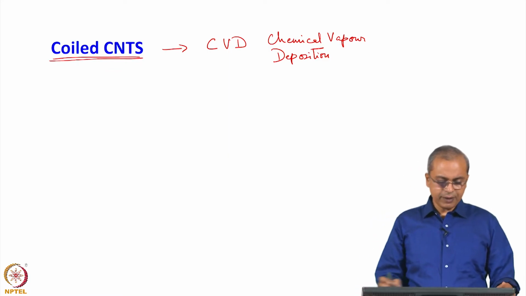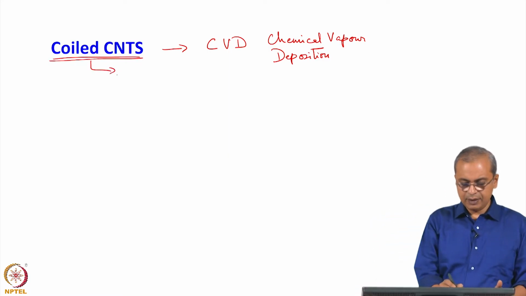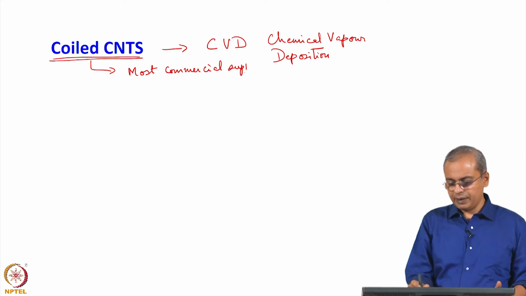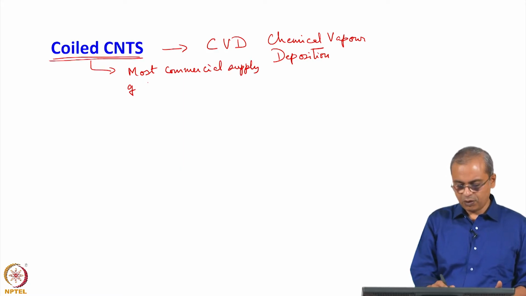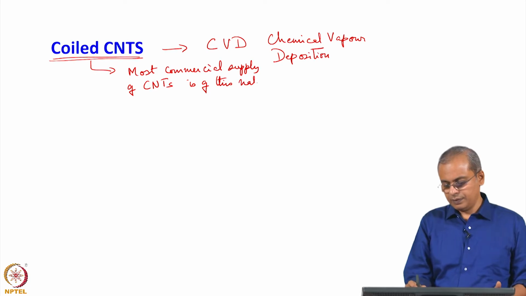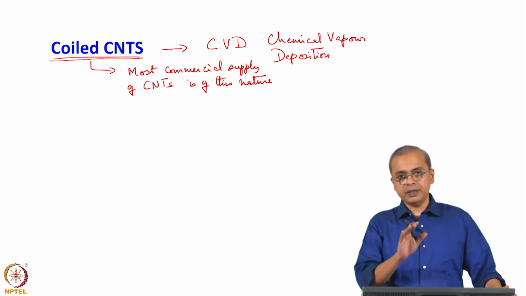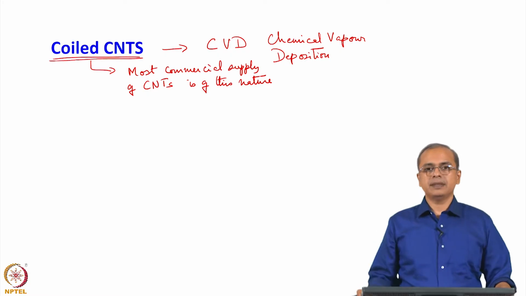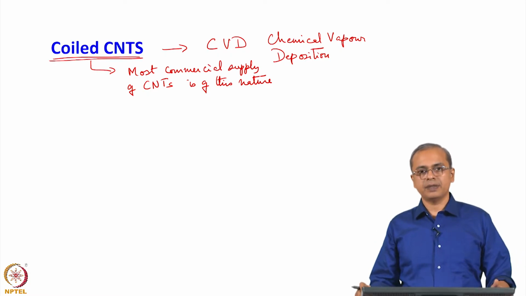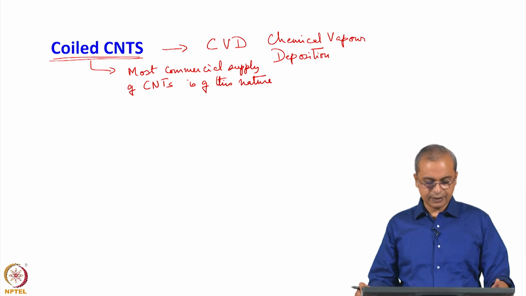I must point out that most commercial supply of CNTs comes from the CVD process, and therefore you typically find that it is coiled CNT.